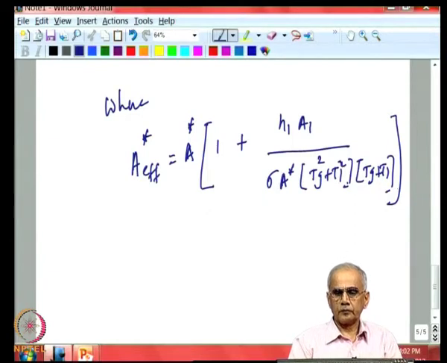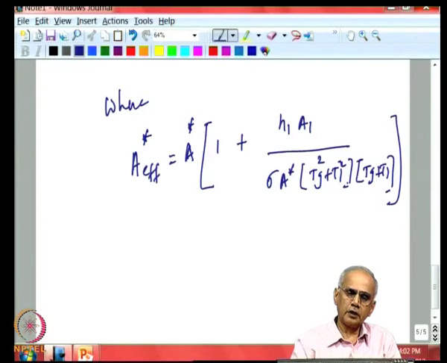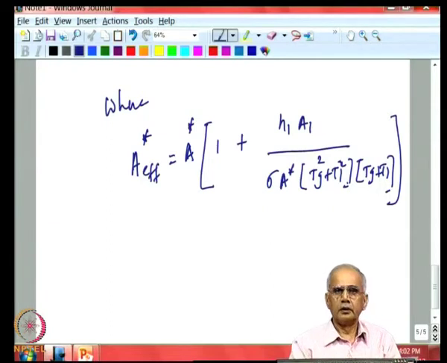So, this will give you a rough idea of the additional heat transfer that is coming through convection, and this can be used to correct the estimate.